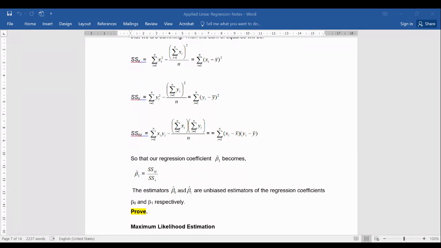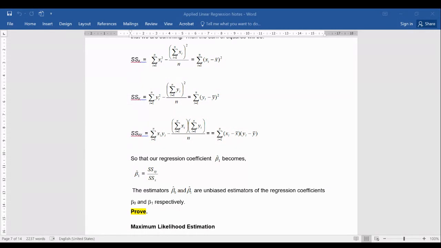It's very important to indicate that these estimators are unbiased. So we have to show that indeed these estimators are unbiased. We'll start with beta 1.